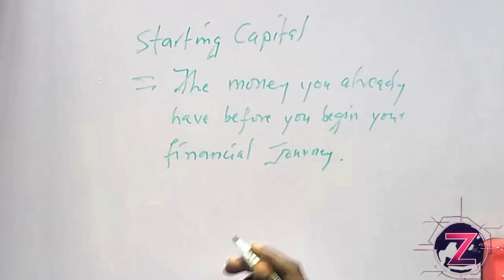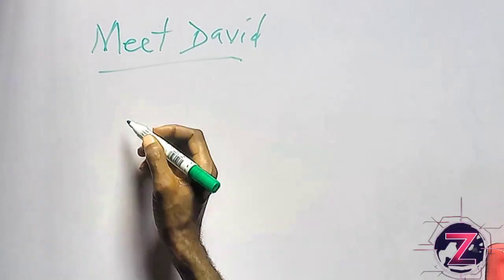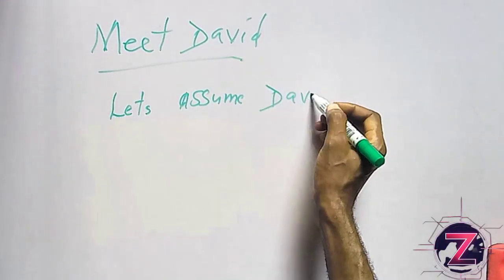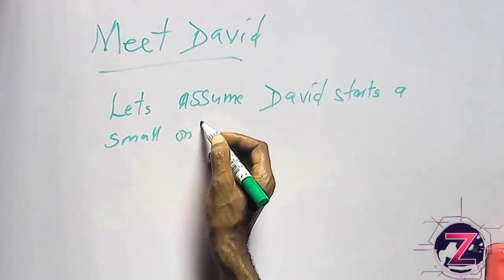Now let's meet David as a character. Assuming David starts a small online business.